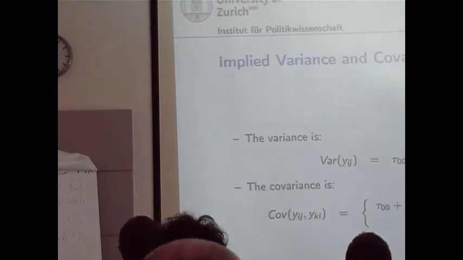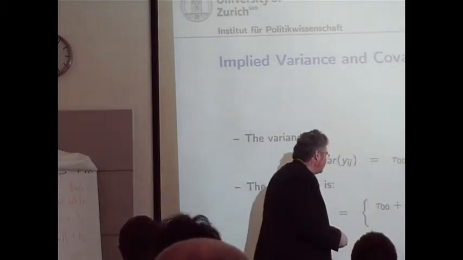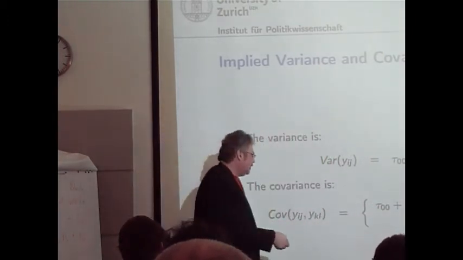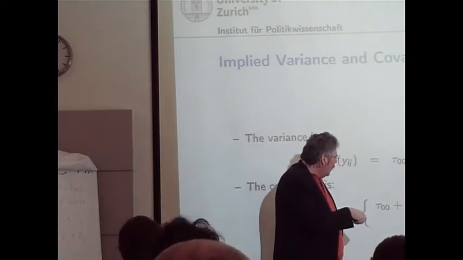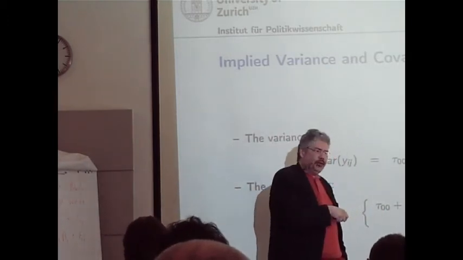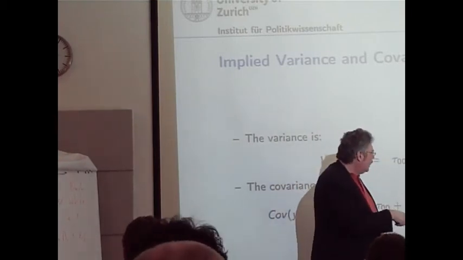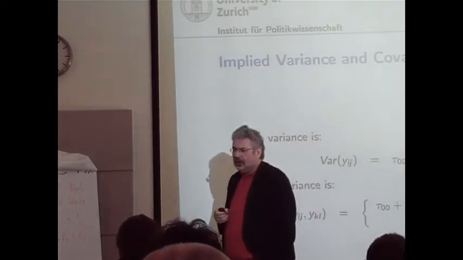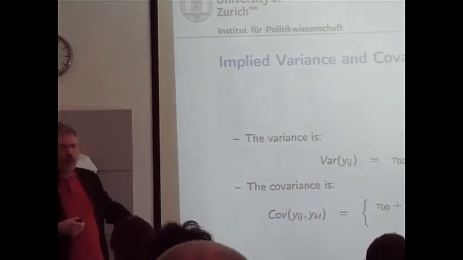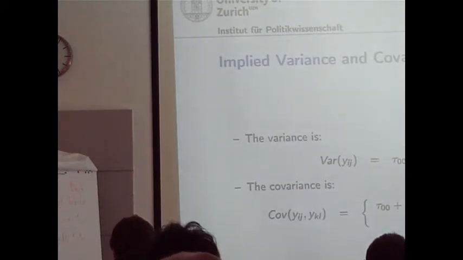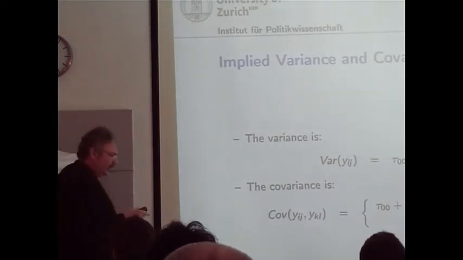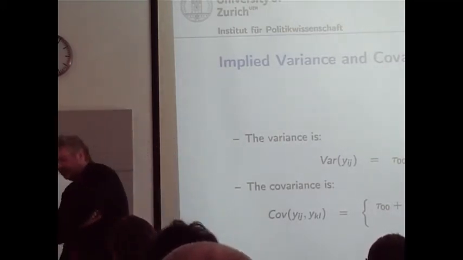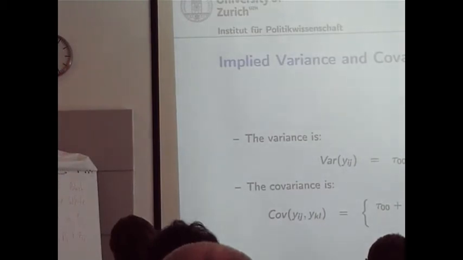And for the covariance, what we're going to see is that that's equal, at least for units from the same context, to tau 0,0, plus the sum of the values on their predictors times the covariance, plus the product of their values times the variance in the slopes. That's just falling out of the assumptions we've made. But the important point here is that these variances and covariances are much, much different than what OLS tells us.